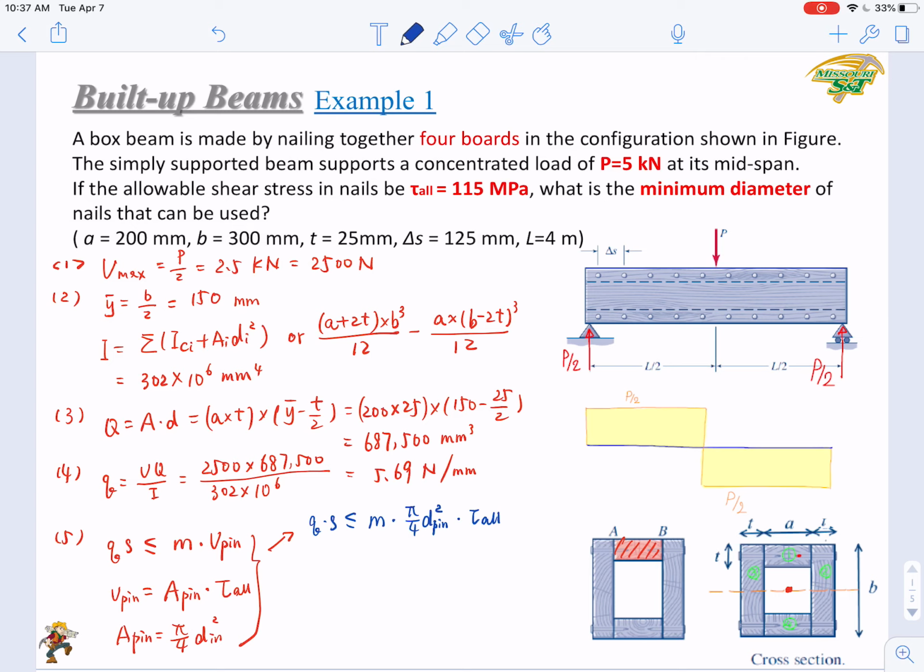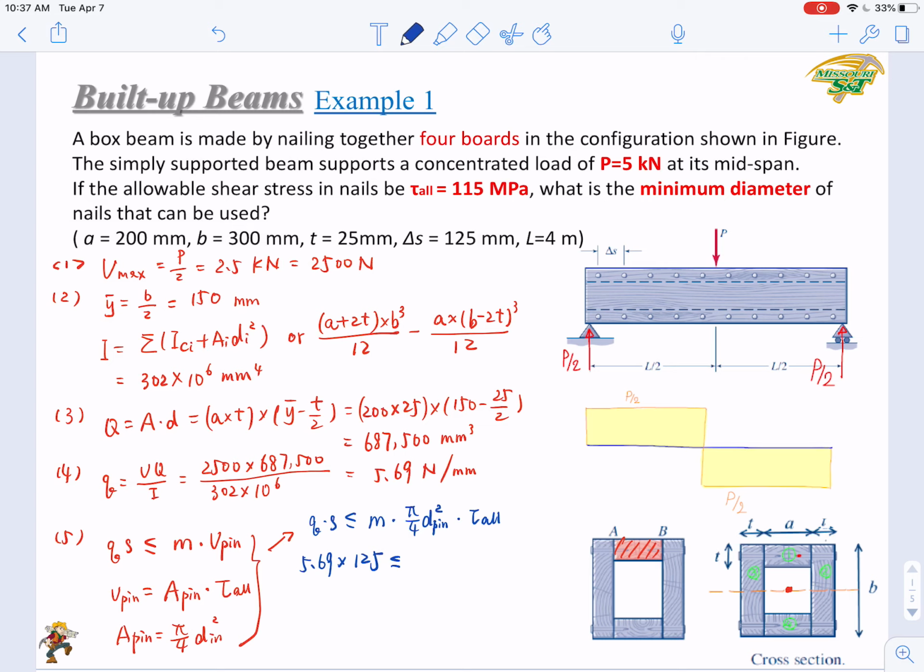Okay, so here that you will have 5.69 times 125 smaller than M. What is the M value?